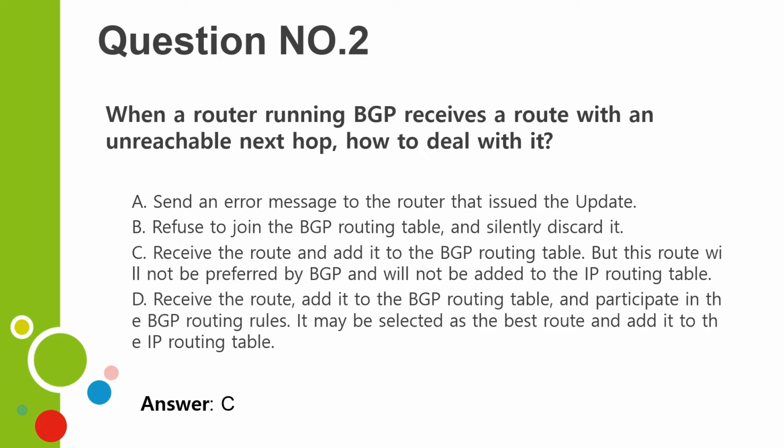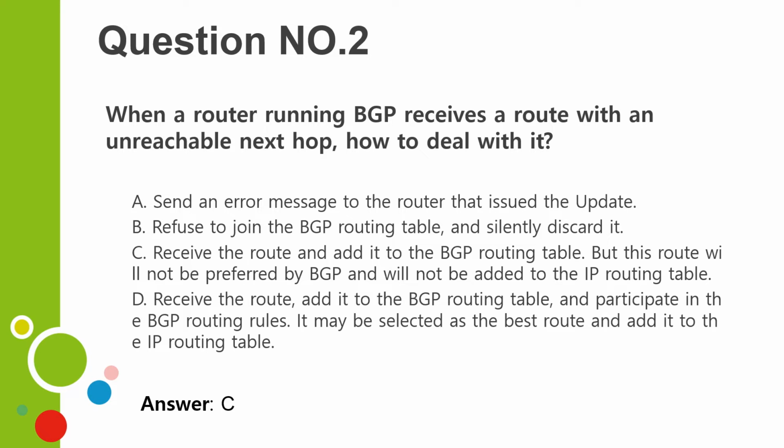Question number 2. When a router running BGP receives a route with an unreachable next hop, how to deal with it? A. Send an error message to the router that issued the update. B. Refuse to join the BGP routing table, and silently discard it. C. Receive the route and add it to the BGP routing table.